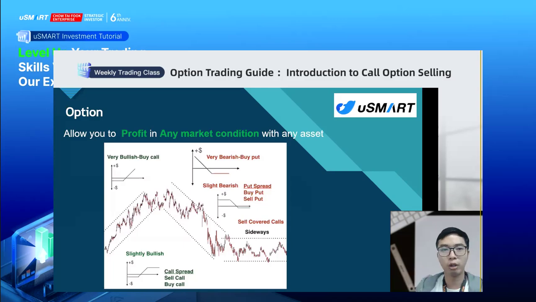Because when we hold a stock and the market goes sideways, sometimes we don't know how long the sideways lasts. So by selling options, we can actually profit from this sideways market. I will explain how we do it later, so please make sure you all follow me closely.